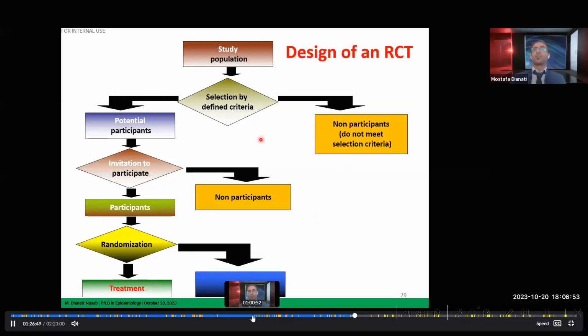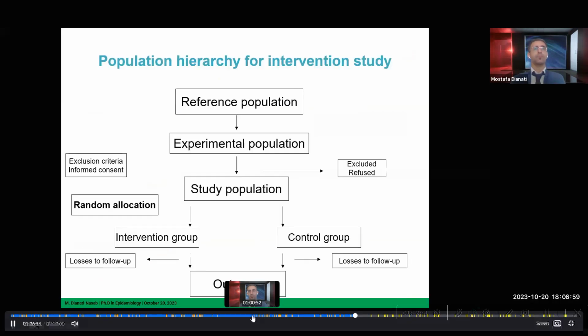So I already covered this one for you, fortunately, during my presentation. And also, let's see. They have a reference population here. And then randomly, you will find the experimental population. Then some people maybe cannot be included in your study, then we will exclude them.